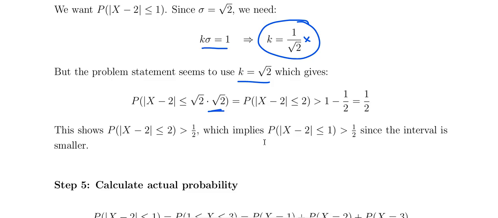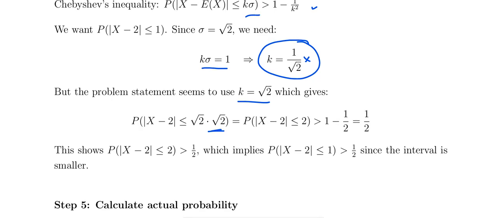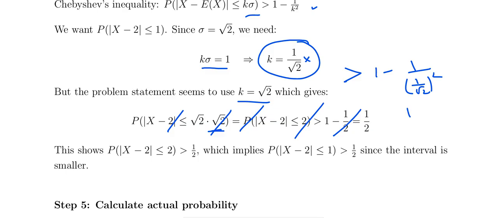The probability of X minus 2 less than or equal to root 2 into root 2, k equal to 1 by root 2. Something is wrong. After finding the k value, just replace here 1 by root 2 whole square. So this is greater than or equal to 1 minus 1 by (1 by root 2) whole square. So this is nothing but 1 by 2, and 1 minus 2 comes, that is minus 1.